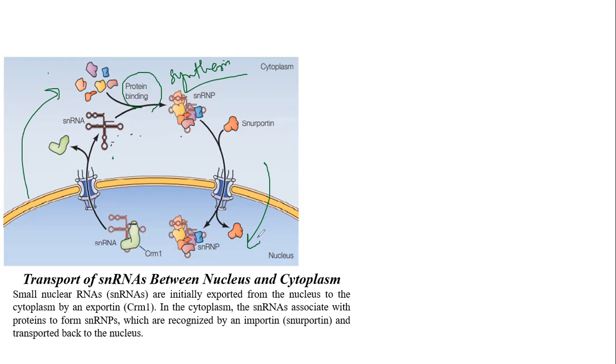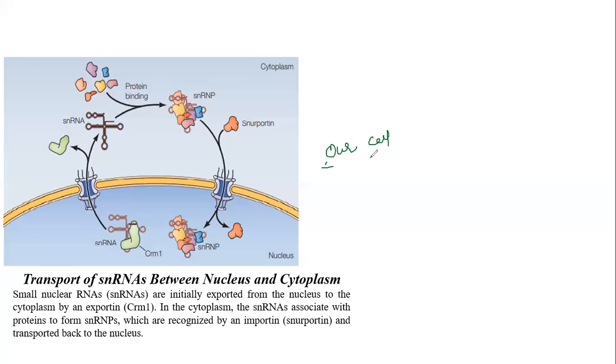What you have to remember is, yes, Akshaya? Can you repeat again? Yes, okay. So first thing is that our cell does not synthesize anything without any reason, because it needs energy either in the form of ATP or GTP.